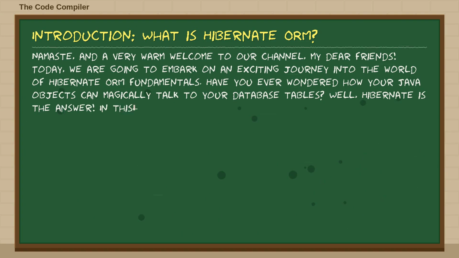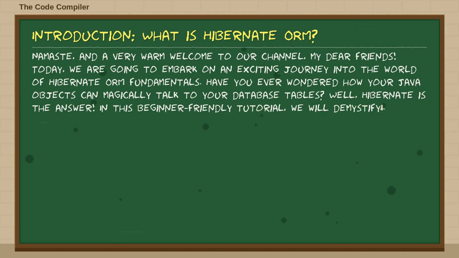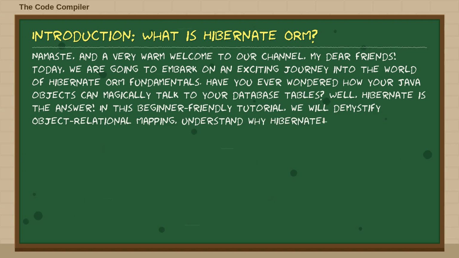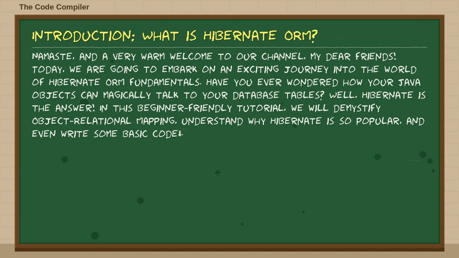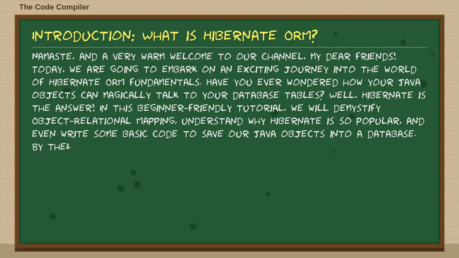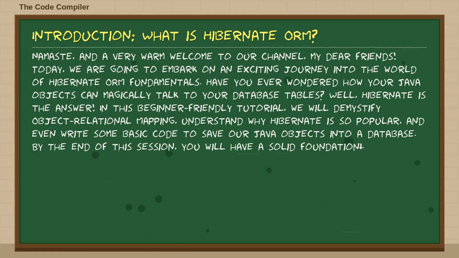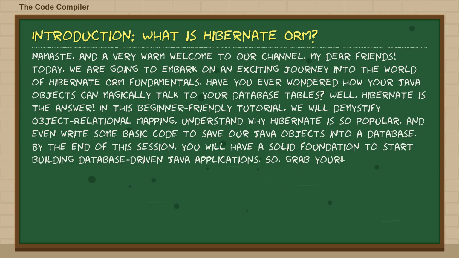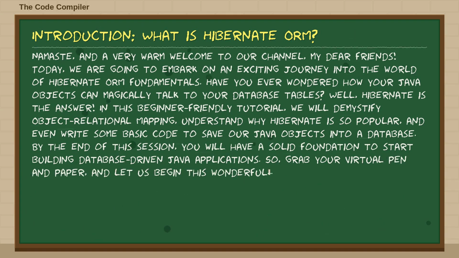In this beginner-friendly tutorial, we will demystify object relational mapping, understand why Hibernate is so popular, and even write some basic code to save our Java objects into a database. By the end of this session, you will have a solid foundation to start building database-driven Java applications. So, grab your virtual pen and paper, and let us begin this wonderful learning experience together.